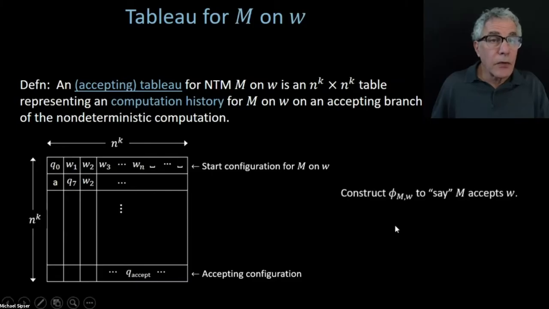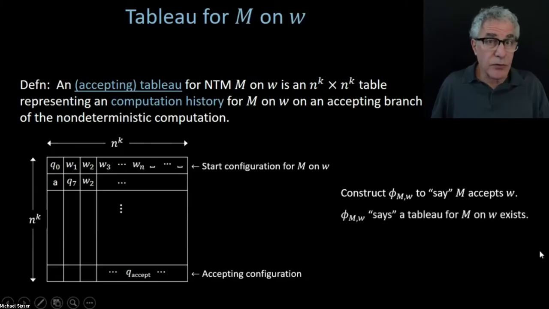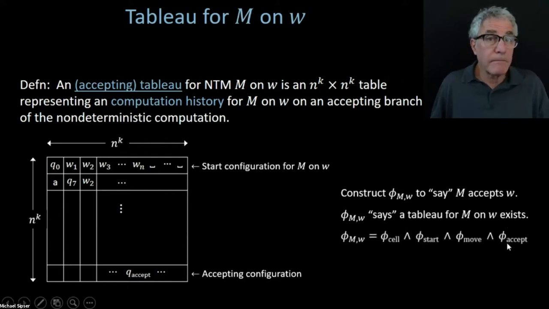So we're going to now construct this formula to say that M accepts W. Again, that's our goal. And it says that a tableau for M on W exists. Basically what that means is we want to say that it starts right, it ends right, and everything in between is right.